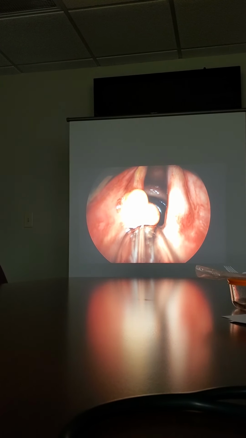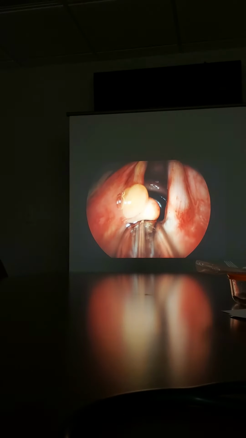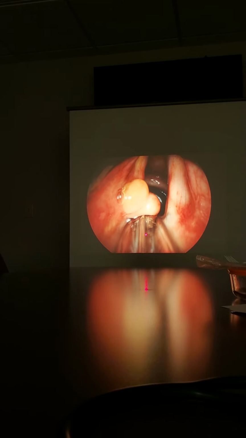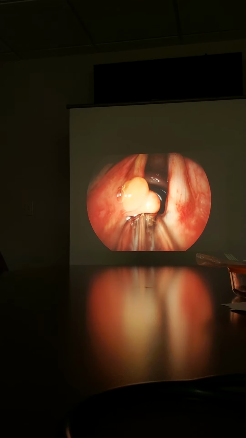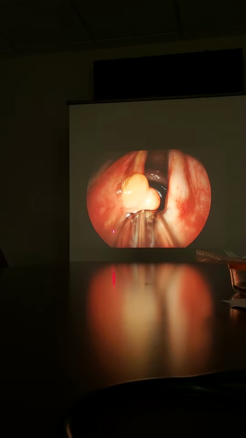Now, when they're large like this, they should be removed so that the closure is more perfect and their voice is a bit better. So it's from prolonged use of an endotracheal tube or from recurrent reflux from an incompetent upper esophageal sphincter.